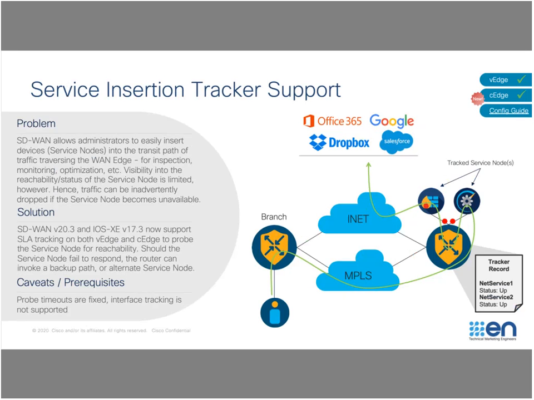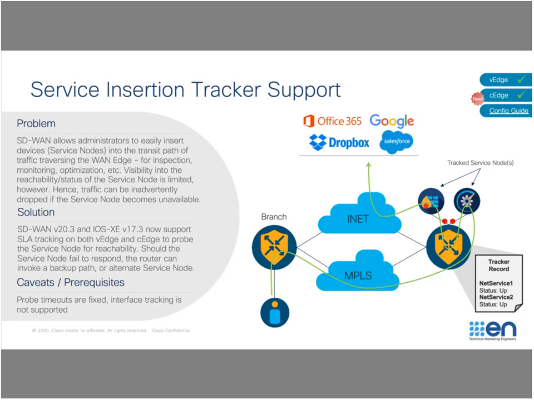Service insertion policies are exactly what the name implies. As traffic is leaving my branch, I want my branch site to automatically forward that traffic to take Office 365. I want my Office 365 traffic to go through my F5 load balancer, and I want it to go through my Palo Alto firewall or my ASAV or my FTDV before it goes out to Office 365.